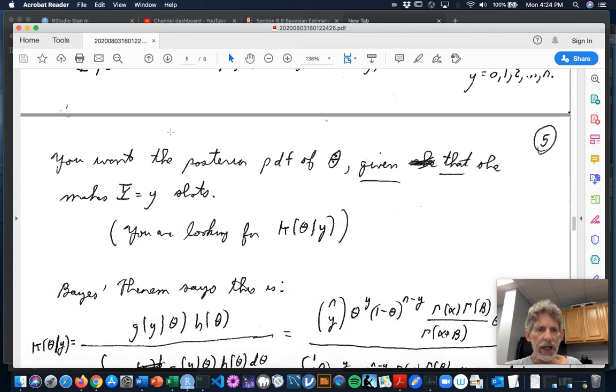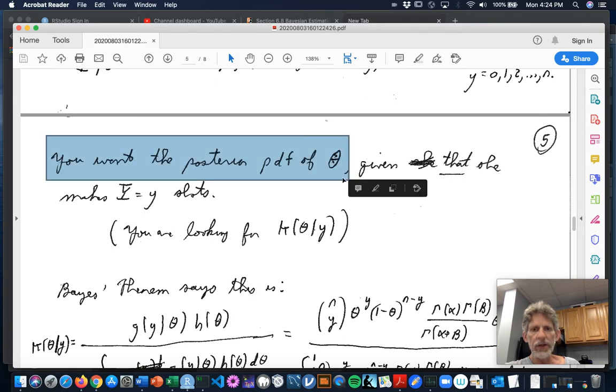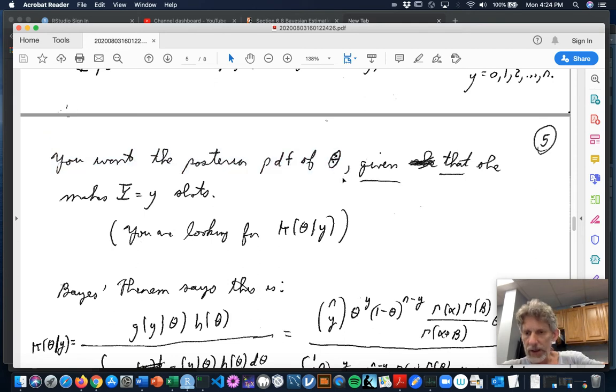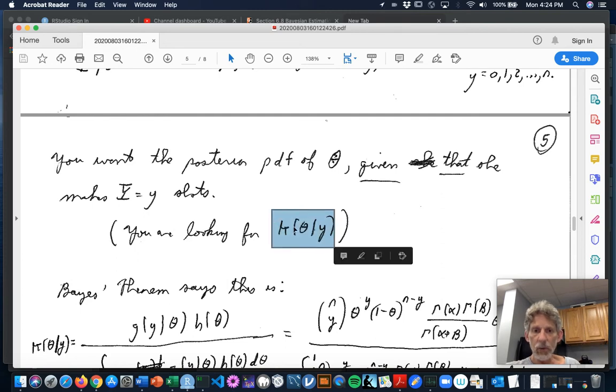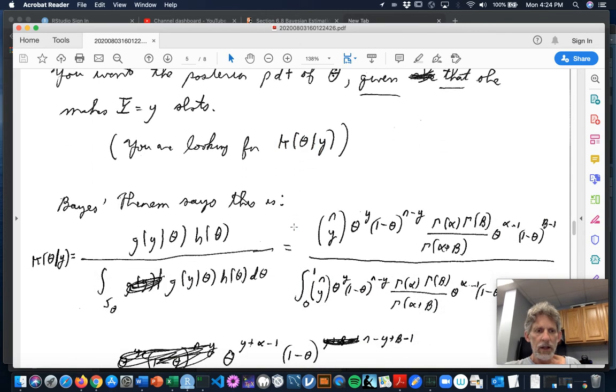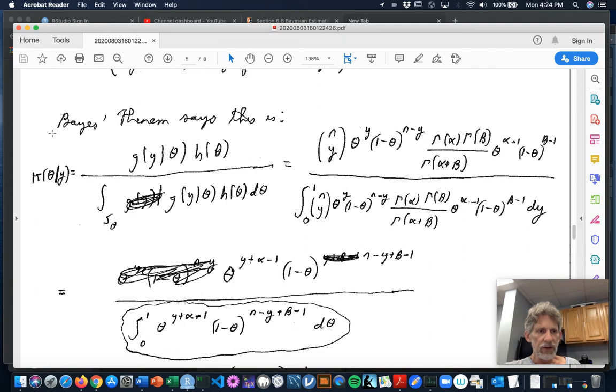Now you would like to find the posterior PDF for theta, given that the capital Y turned out to be little y. You're looking for that k of theta given y. And Bayes' theorem says that it is this.